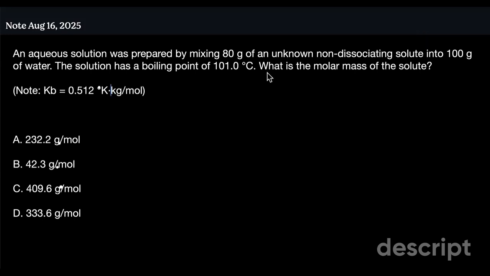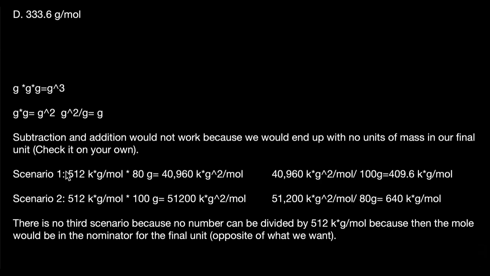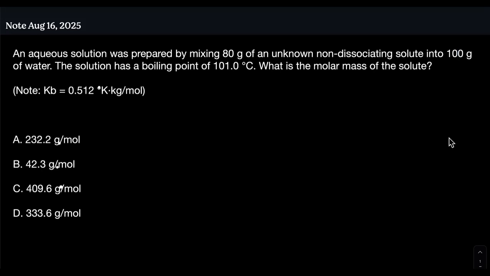It cannot be addition or subtraction because this is a different unit from these two. And if you actually do the math, if we even use subtraction, the final answer is going to have no units of mass. So it's either going to be multiplication or division.